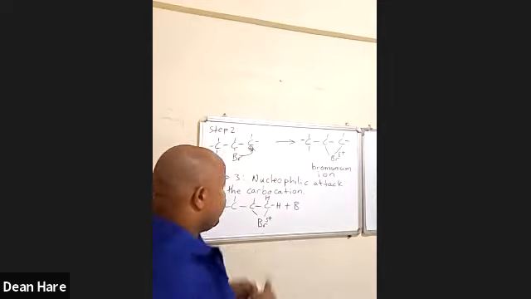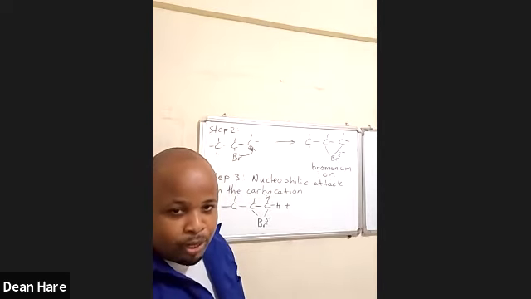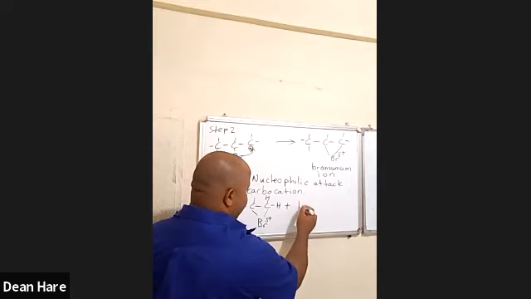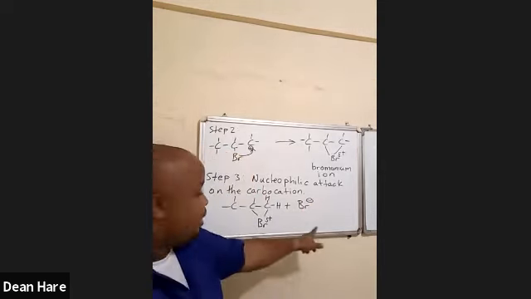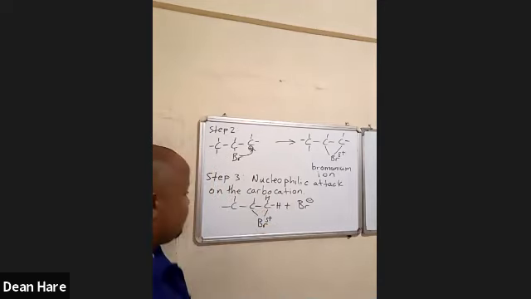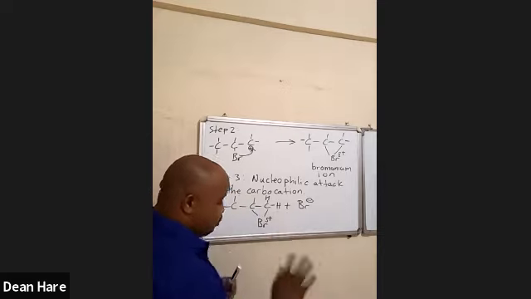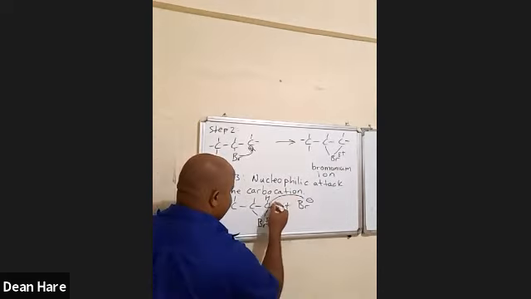If it was liquid bromine, then the bromide ion would have come at this point and attacked the carbon, right? So if it was liquid bromine, this is what would have happened. But bear in mind, it is aqueous bromine.